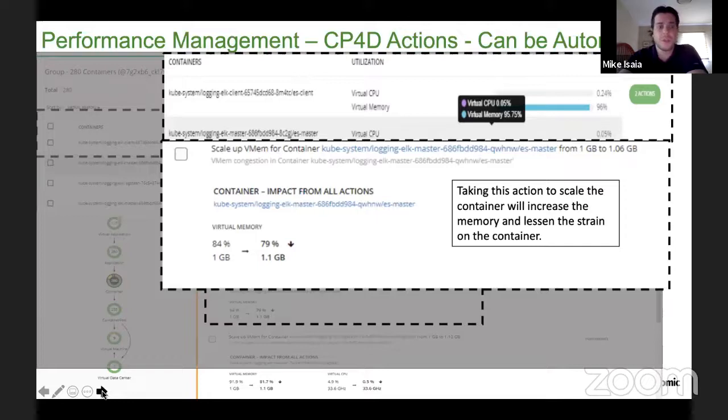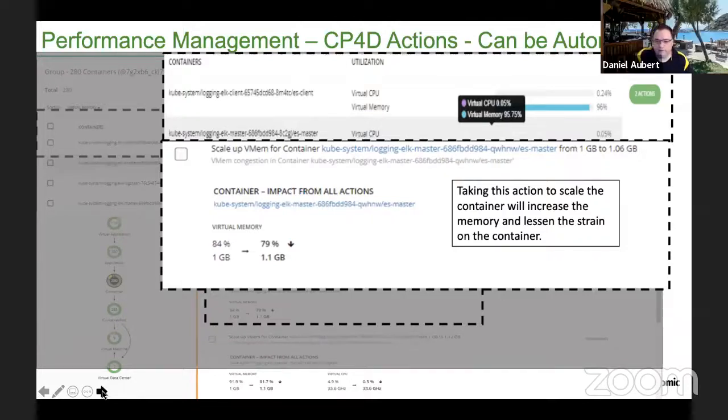Not only is Turbonomic's application resource management engine providing the analysis for what to do, but more importantly, it also provides an automation mechanism and a policy-driven control mechanism to automate these actions so that you have continuous optimization running as demand fluctuates and delivering a service quality that we can expect.